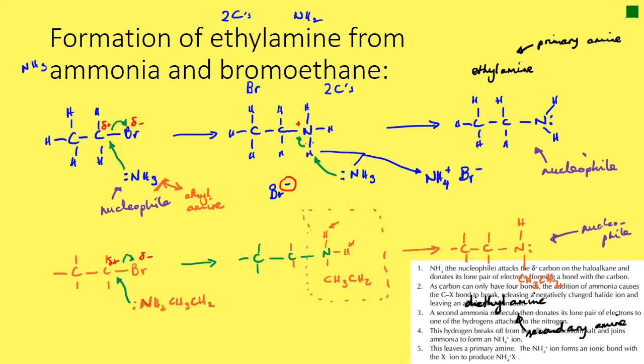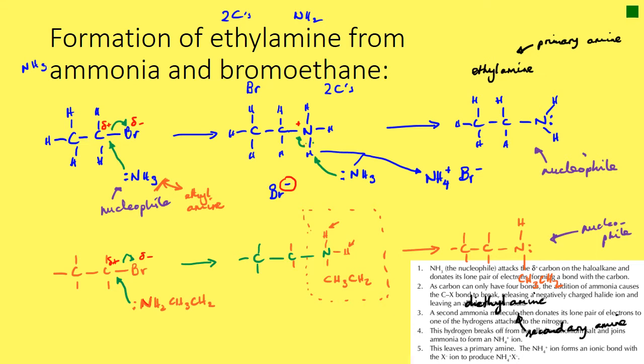And what that means is that, let's choose a different colour. What colour can we choose? See if orange works. Instead of this ammonia molecule reacting with our bromoethane, it could have been our ethylamine instead, with its lone pair of electrons.